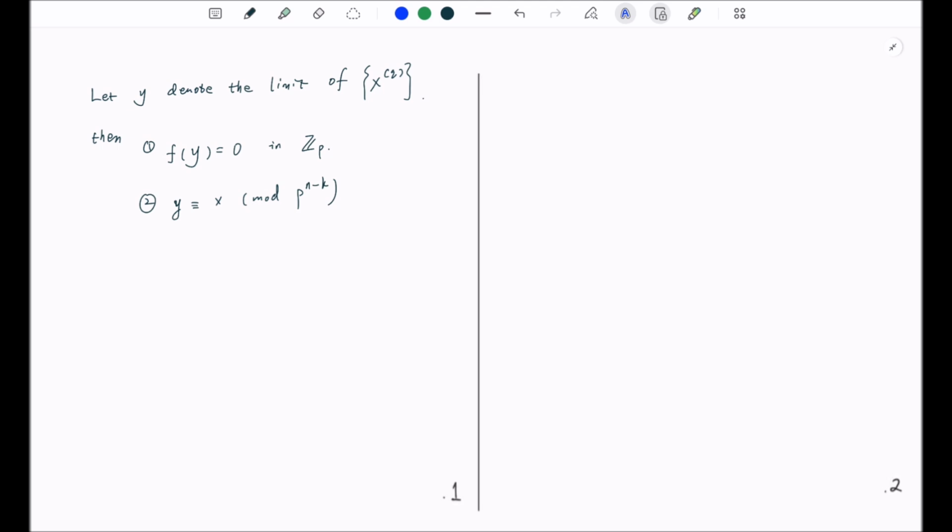Now let's verify them. To verify the first one, we need to show that f of y is congruent to 0 modulo any power of p.